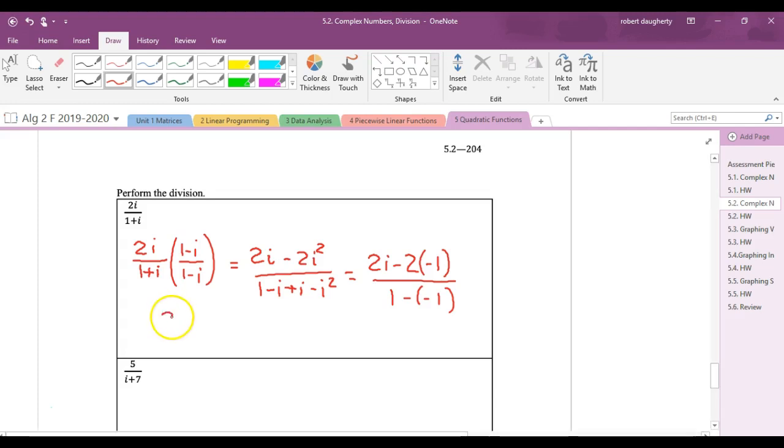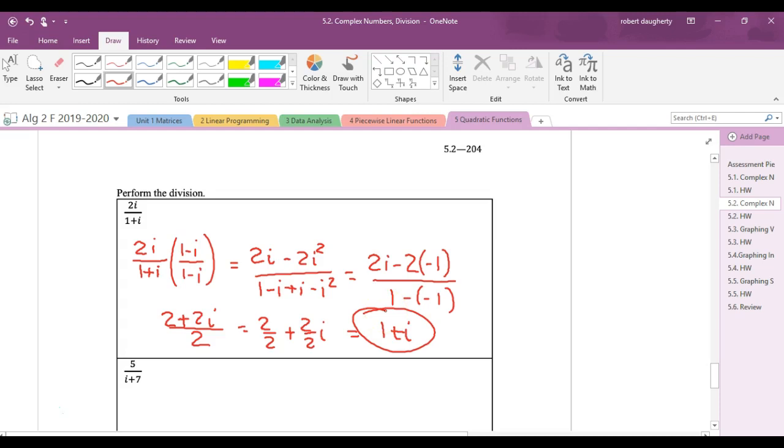On the top, I've got 2 plus 2i over 2. Now, how do I write this as a complex number? This is 2 over 2 plus 2 over 2 i. What's another way of writing that? 1 plus i.